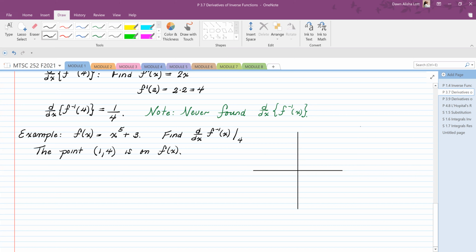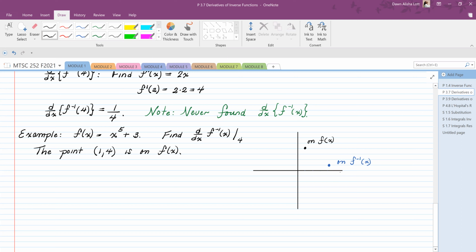Okay, so I have some function and I have a point (1, 4): 1, 1, 2, 3, 4. So this point right here is on f. And then the point on f inverse is (4, 1): 1, 2, 3, 4. So this point is on f inverse, and the black point is on f.